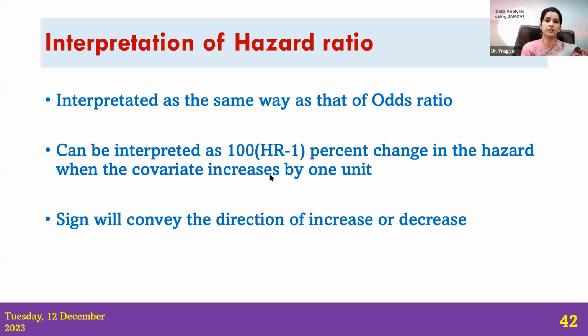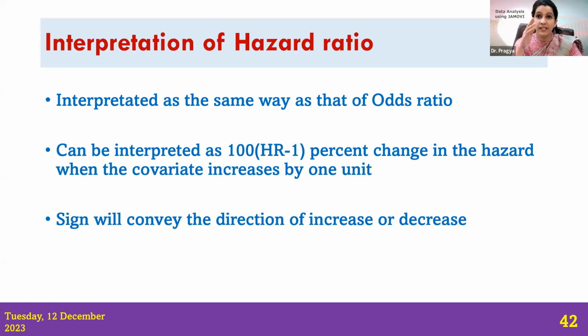For interpretation, if you want to express this as a percentage, how do we do it? It can be interpreted as 100 times, in the bracket, the hazard ratio minus 1. So if the hazard ratio is, let's say, less than 1, 0.76, then the value will be negative, which means that much percentage decrease in the other group.